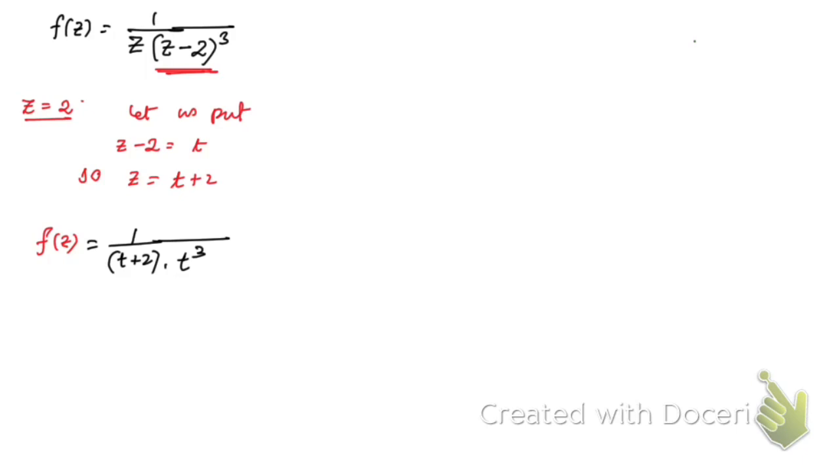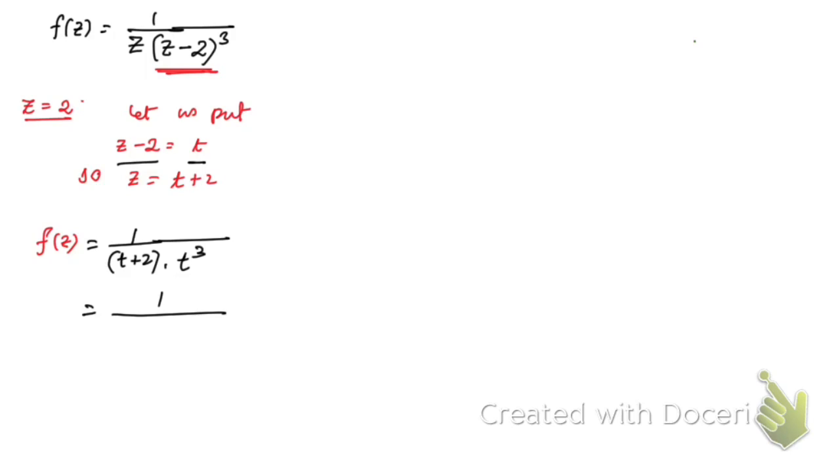Now you see here z minus 2 is t. This is t cube. Now we can write this as 1 by t to the power 3, and we can write this one t plus 2 whole to the power minus 1. Before that, you can take 2 common. Let me do one more step.